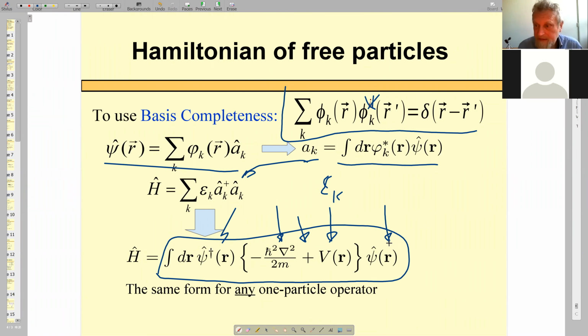What can be confusing is the integration over all points. But that's also logical because these particles can appear at any point, disappear at any point. So one has to take all points into account in this Hamiltonian.